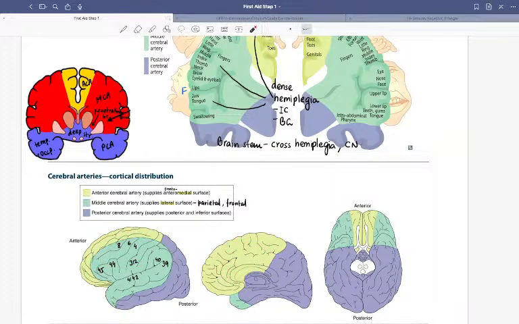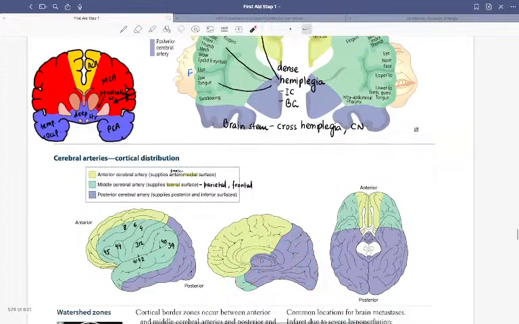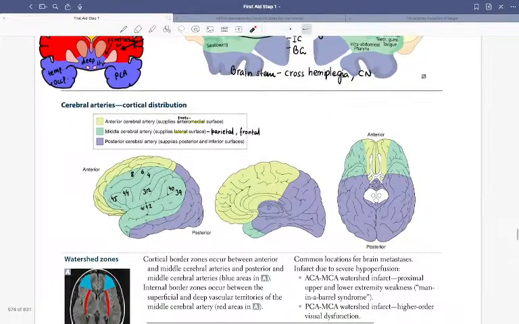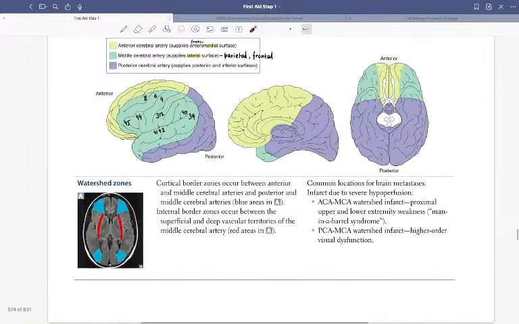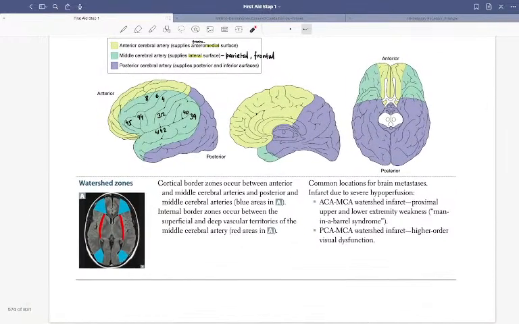Here posterior is occupying so much, while middle is mainly lateral, so it is just a small portion here. In the same way, all the middle part was lateral, while all the medial here is going to be anterior, but we don't see a lot of medial. Most of the medial is covered up by the occipital lobe, which is supplied by the posterior cerebral artery. Next, watershed zones.